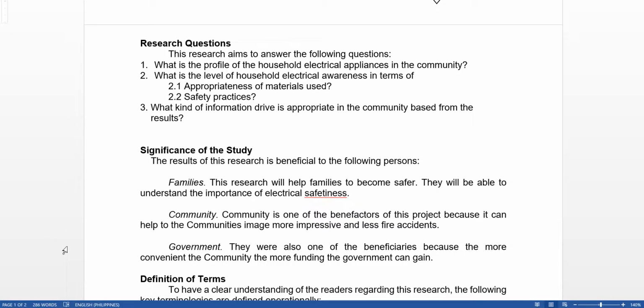Community is one of the benefactors of this project because it can help make the community image more impressive and have fewer accidents. And number three, the government. They are also one of the beneficiaries because the more convenient the community, the more funding the government can gain.